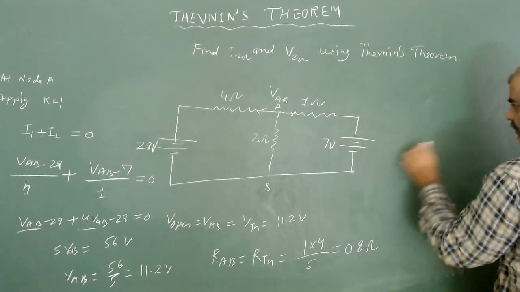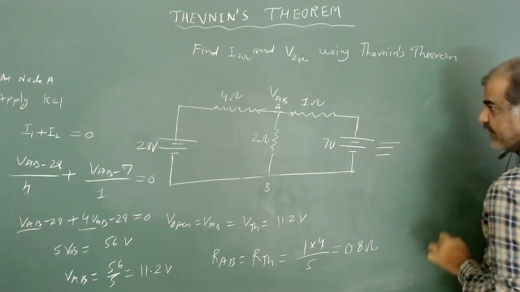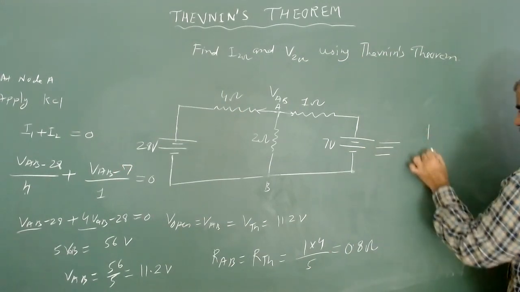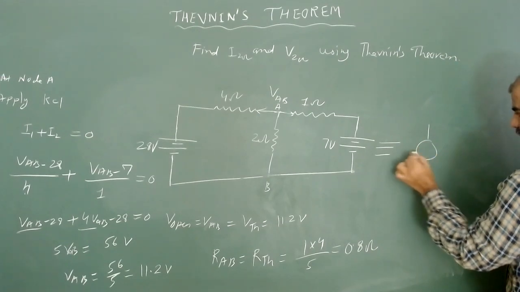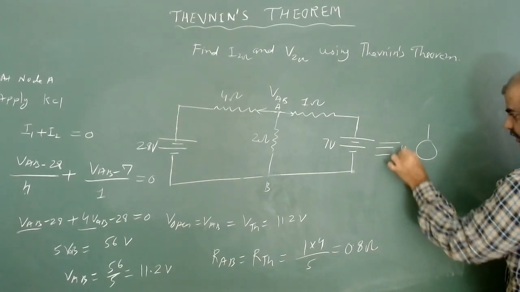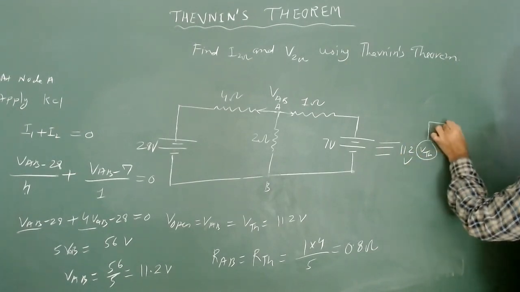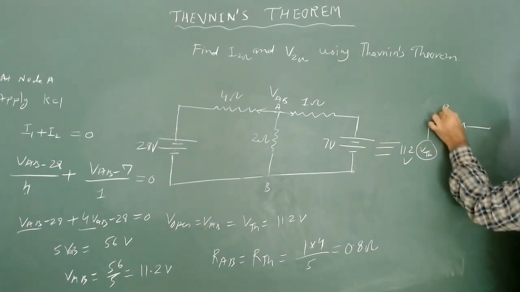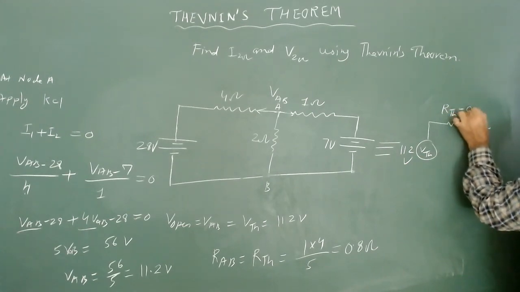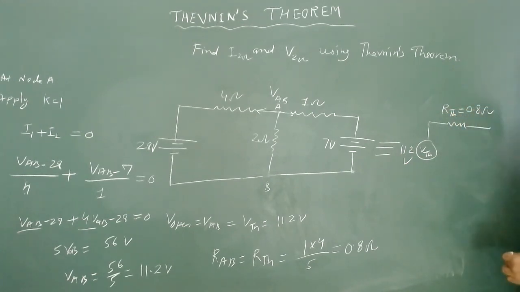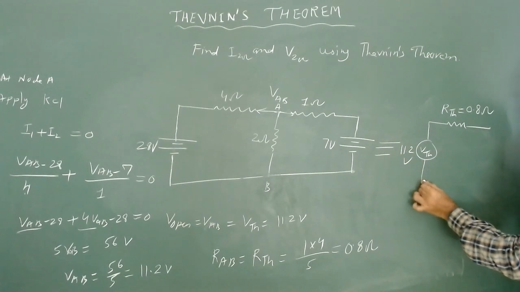The Thevenin equivalent circuit is given by V Thevenin, which is 11.2 volts, and R Thevenin, which is 0.8 ohm. Across this we have the 2 ohm resistance.